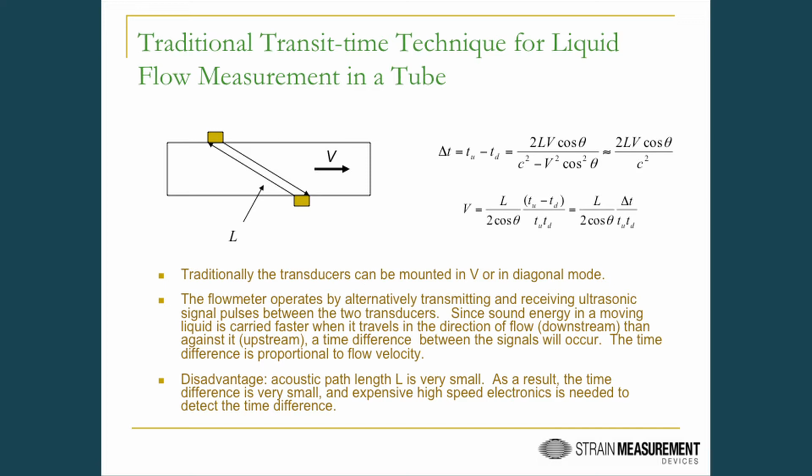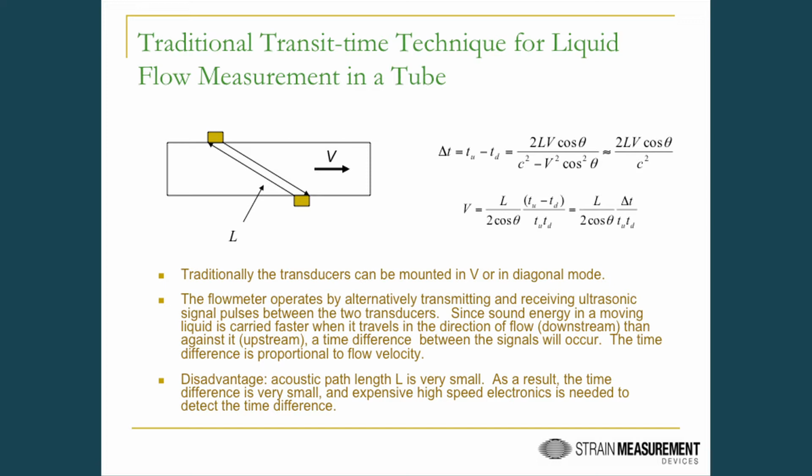If you look at the equation on top, delta T is equal to the upstream time minus the downstream time, and for all of you that are mathematically inclined, L is the acoustic path length from one transducer to the other. V is the velocity of the fluid in the tube. C is the speed of sound in the fluid at the particular temperature where you're measuring it, or as we call it, acoustic velocity.